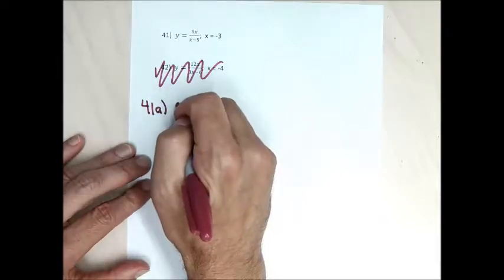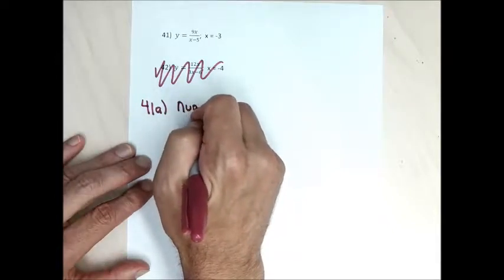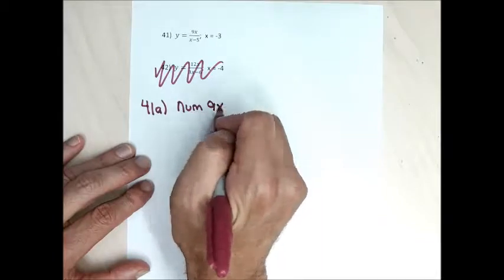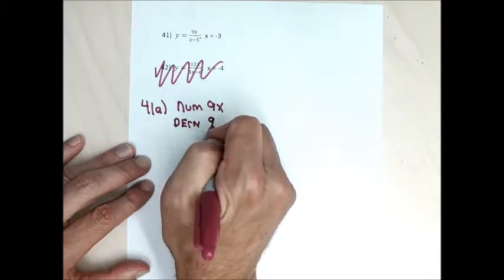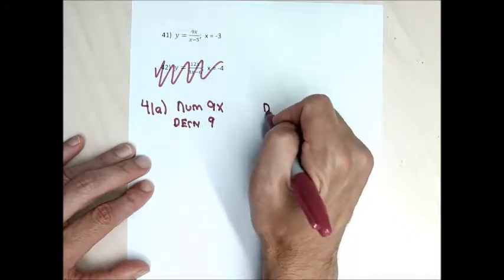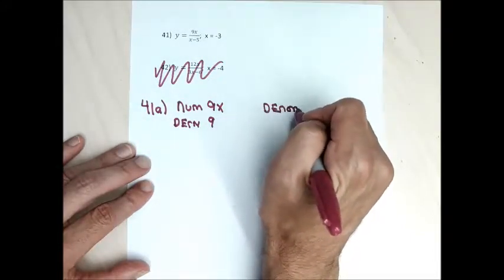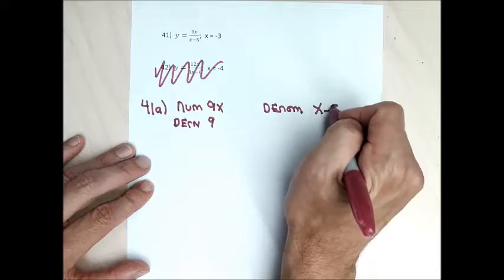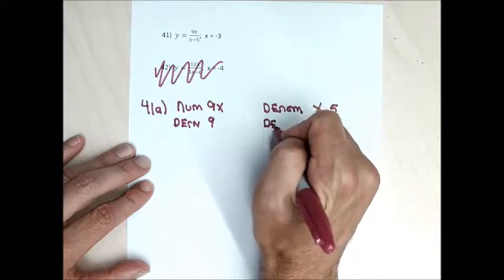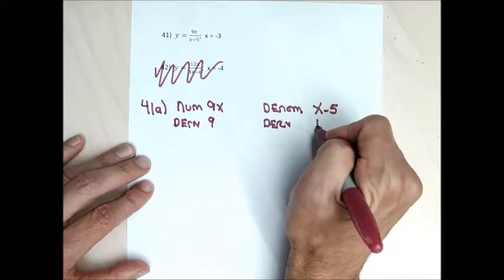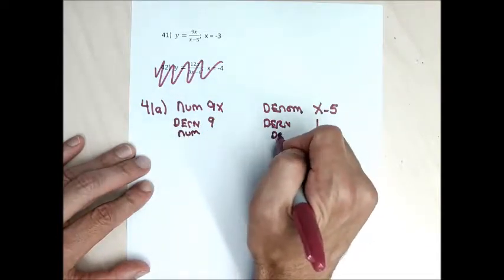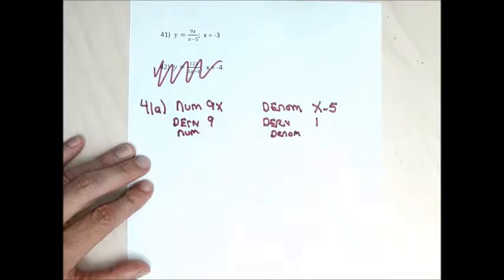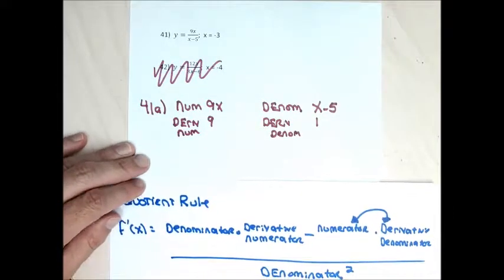The numerator is 9x. The derivative of the numerator is 9. The denominator is x minus 5. The derivative of the denominator is 1.